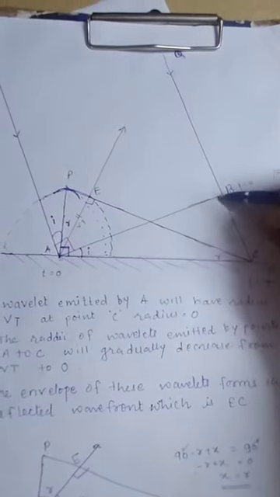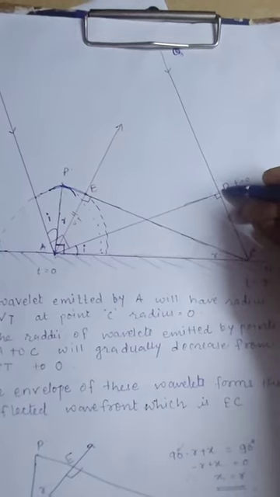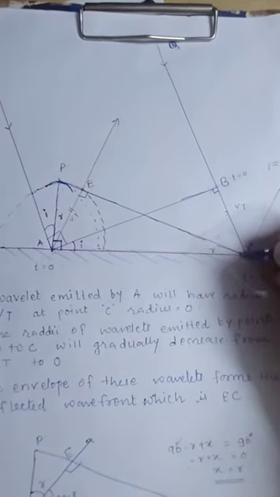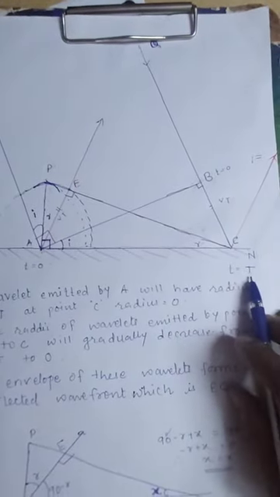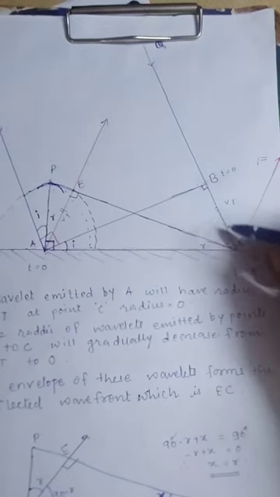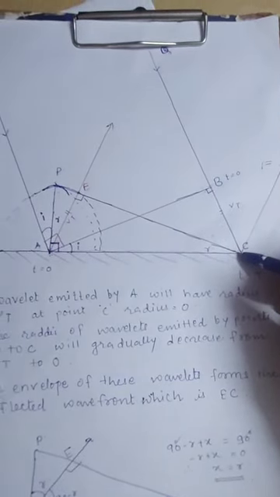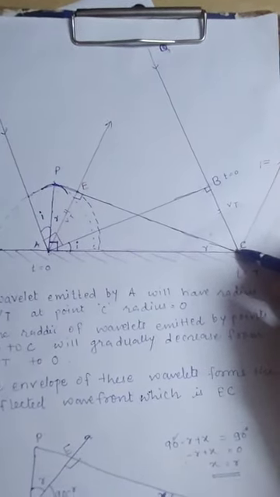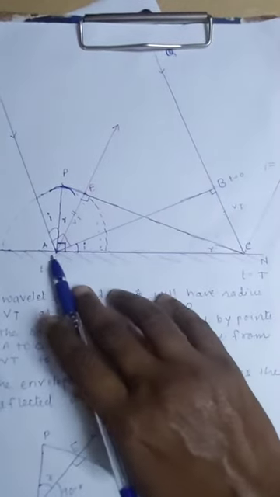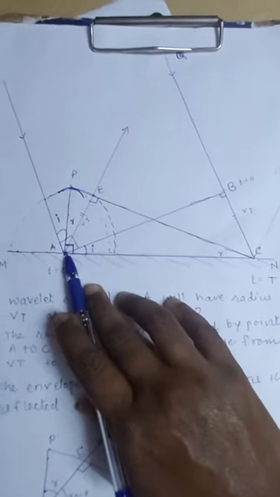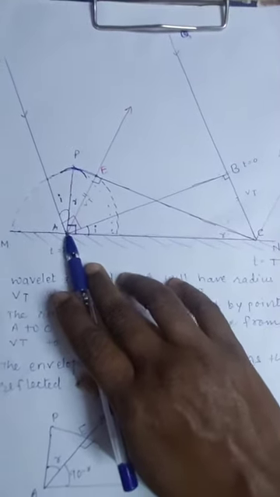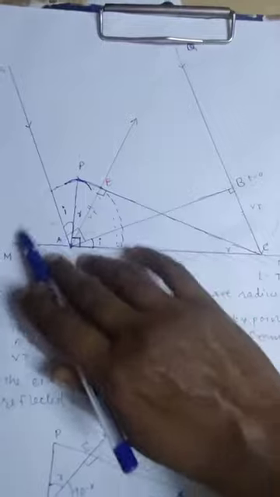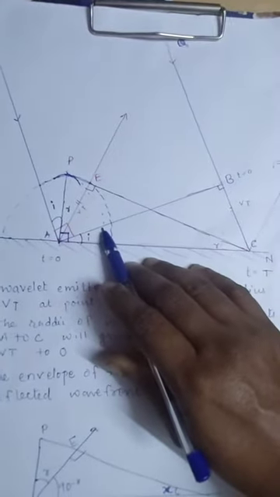So B will take some time to reach C. Let after time T, B reach the point C. By that time, point A will send the secondary wavelets in the reflecting direction.